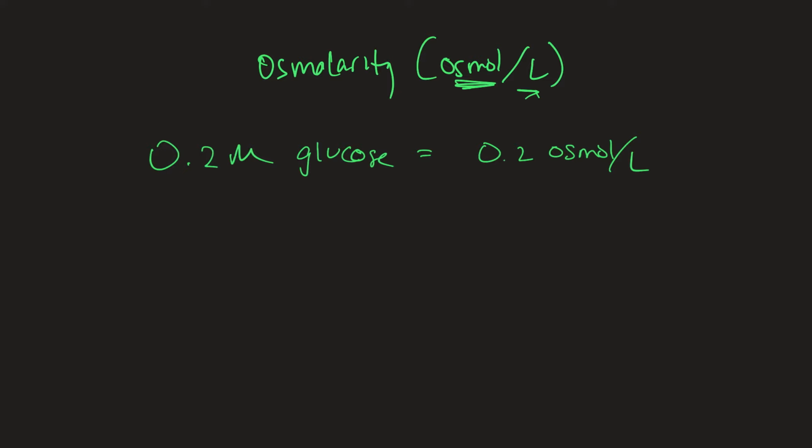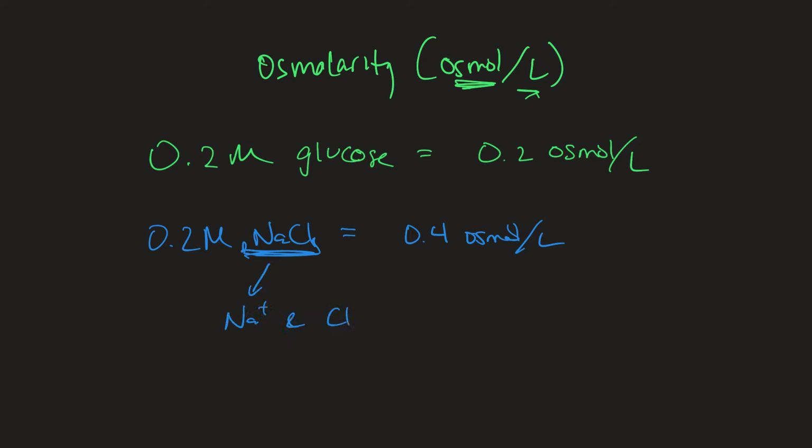But if you have, for example, 0.2 molar of NaCl, this will equal 0.4 osmol per liter. Why is that the case? Well, NaCl, this ionic compound, we know that it ionizes when it's dissolved into water, into Na plus and Cl minus.